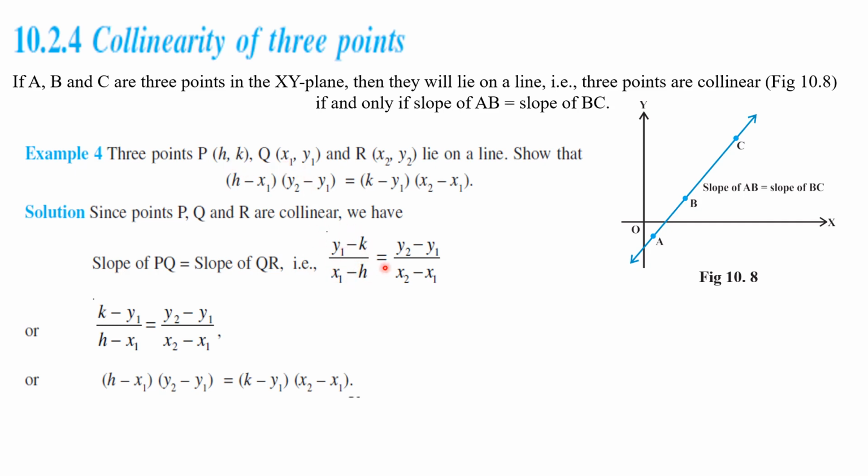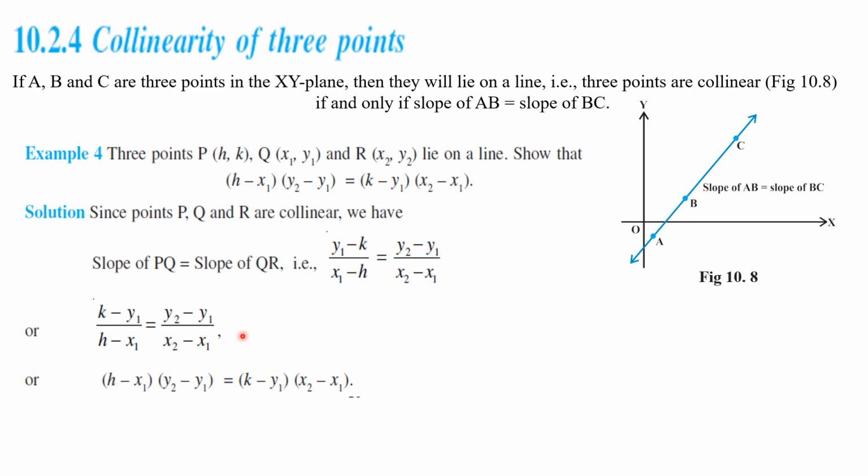Understood this part, my children? Is equal to, now let us take the points Q and R, y2 minus y1 by x2 minus x1. Understood this RHS, my children? Right. Now here let us take minus in the numerator as well as in the denominator. Then what will you get? k minus y1 by h minus x1 is equal to, we write the RHS as it is, y2 minus y1 by x2 minus x1.